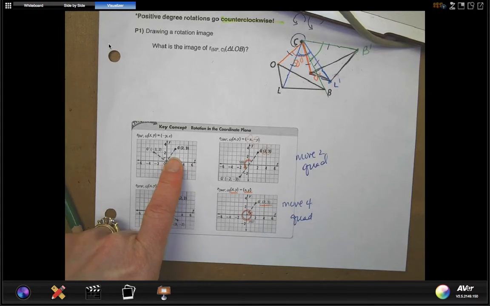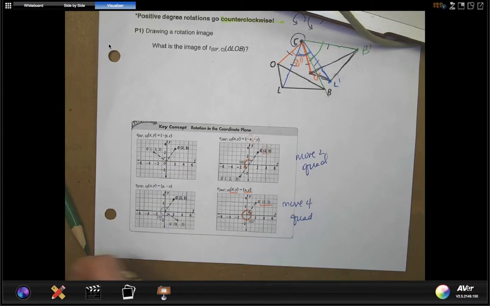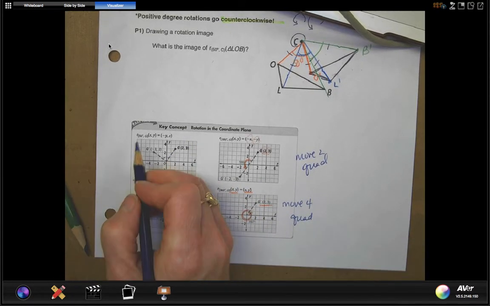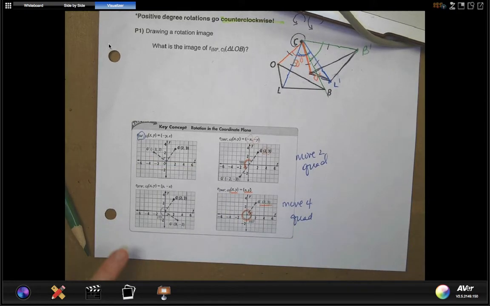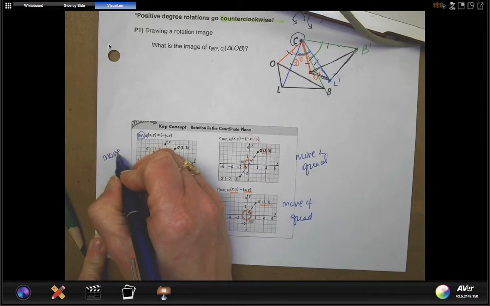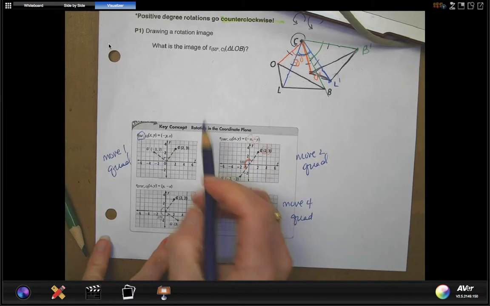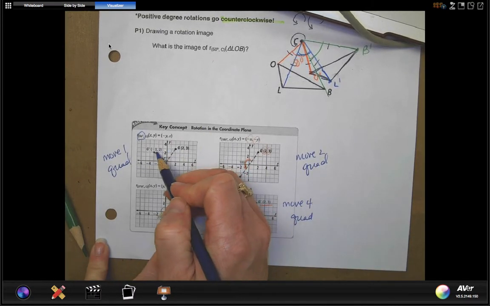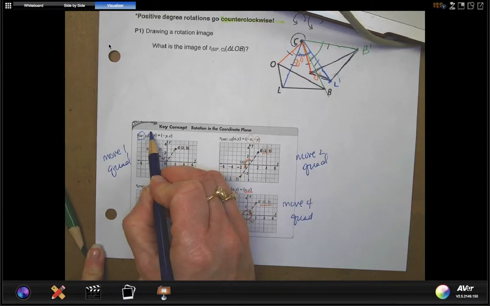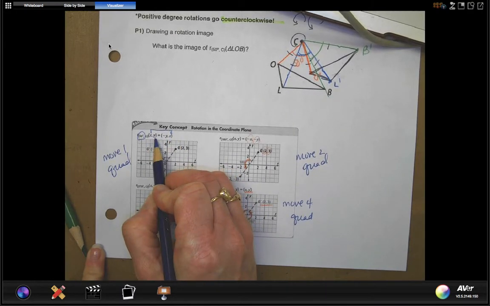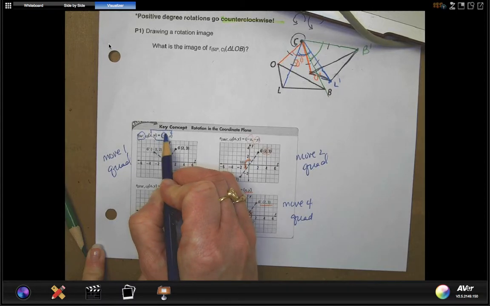In this one, when you do a 90-degree rotation, you're only moving 1 quadrant away. In this 90-degree rotation, if I had 2, 3, I'm going to come over here. What happens is your x becomes your y, and your y becomes your x, but the sign is changed.